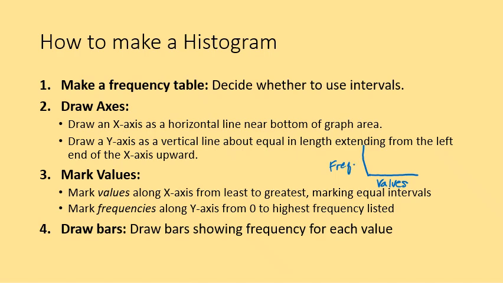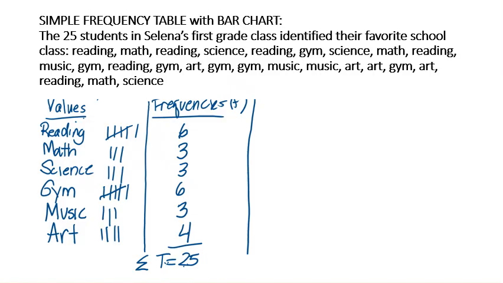Then you'll indicate your values or your intervals down here, and you'll mark your frequencies here, and you'll end up with a distribution that can have a shape. So then we'll draw bars showing frequency for each value. We could do that by simply drawing the bars around these and coloring in the appropriate region. So we'll do some examples.